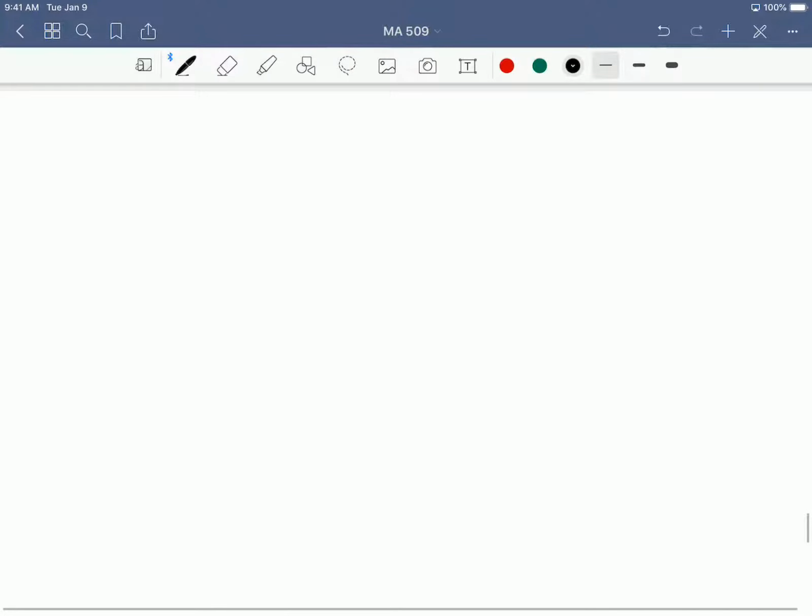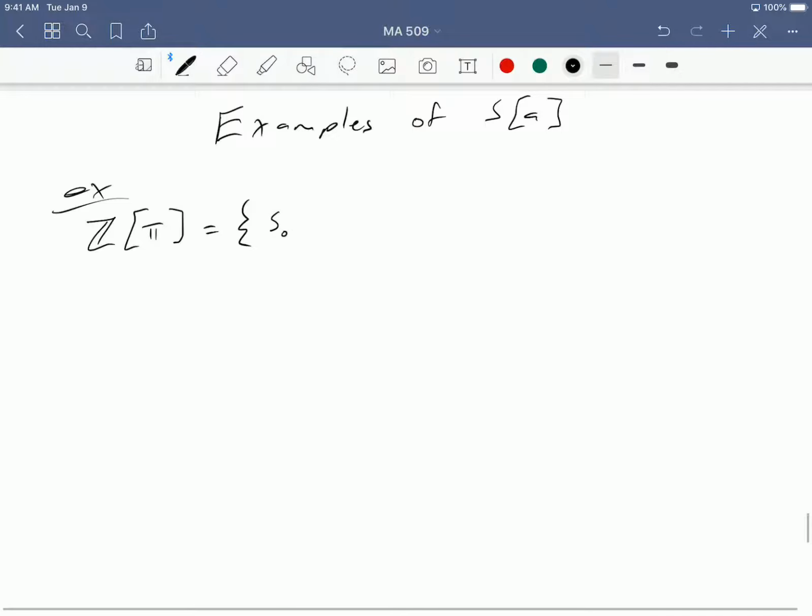All right, so we're going to do some examples of these new subrings generated by an element. This is one way they're sometimes talked about. We did one already, so I just want to jot that down. We decided that Z adjoin pi was the set of all s0 + s1 pi + s2 pi squared and so on, where these are all real numbers, and we were allowed to use any coefficients si that were integers, and then powers of pi up to whatever power we wanted.